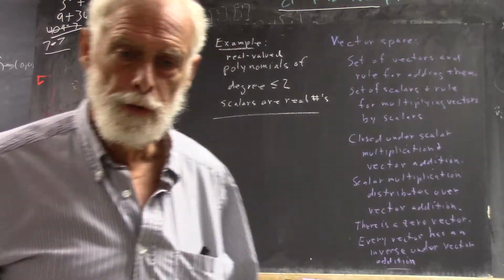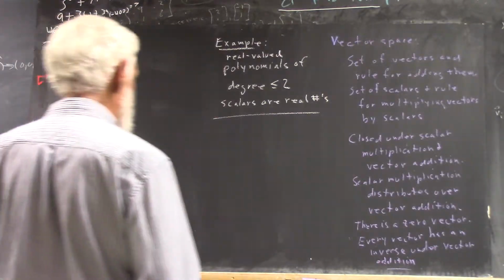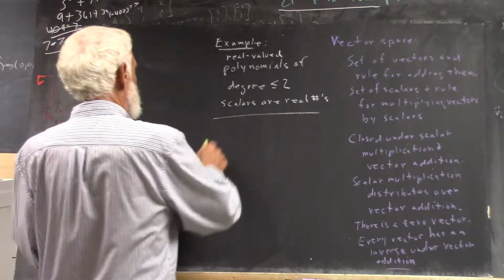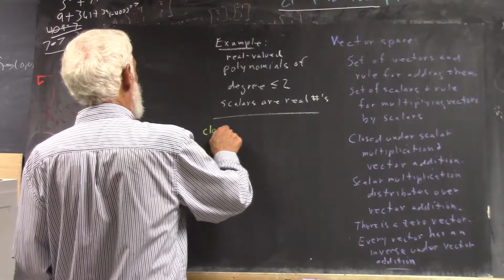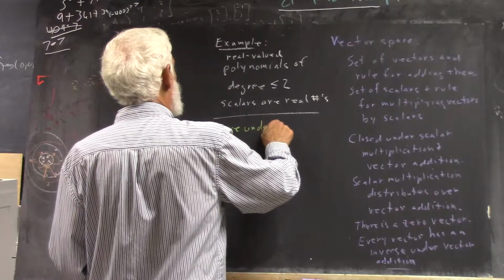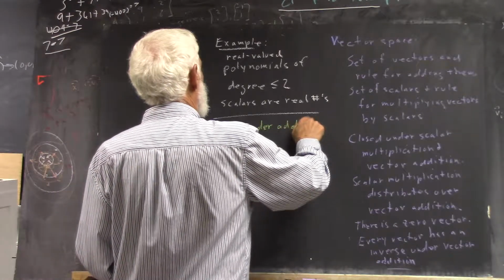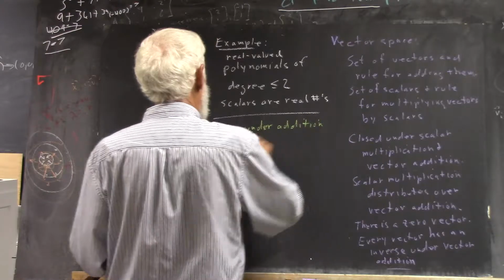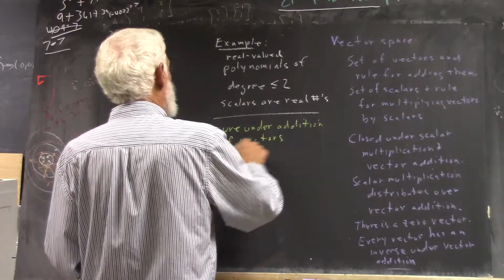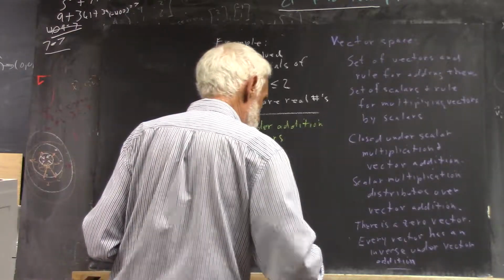So what's the first criterion? Closure under addition of vectors.